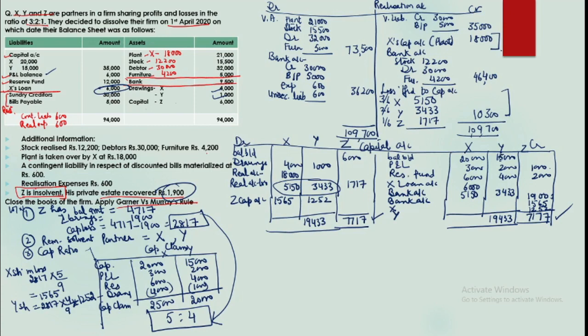It is 15,000. Okay, there was an error in totaling, so it is 24,000 here. So what will be the amount that he will now be paid? 18,748. Okay, for X the total is coming out to be, let us make the total, 40,150.